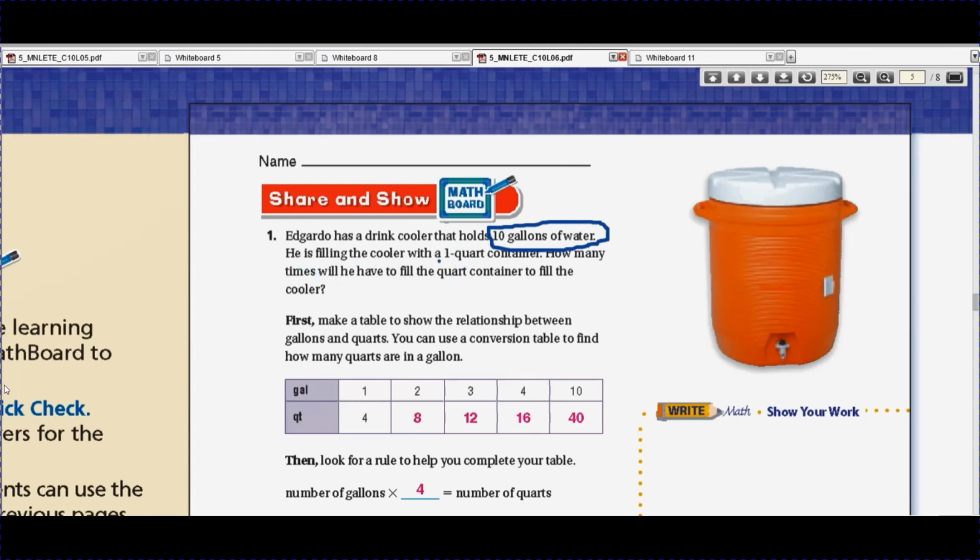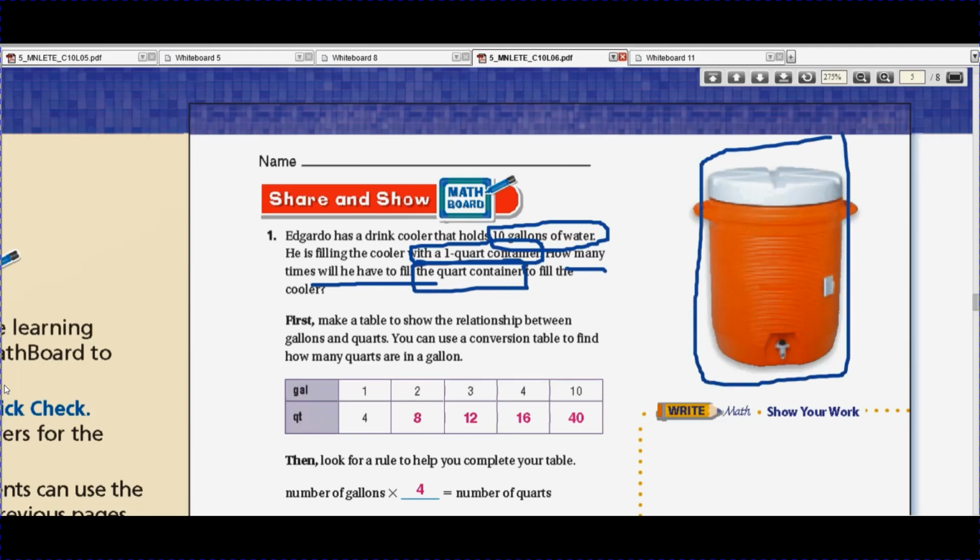And I want to fill it with a 1 quart container. So how many times should I fill this quart container to fill all this container?